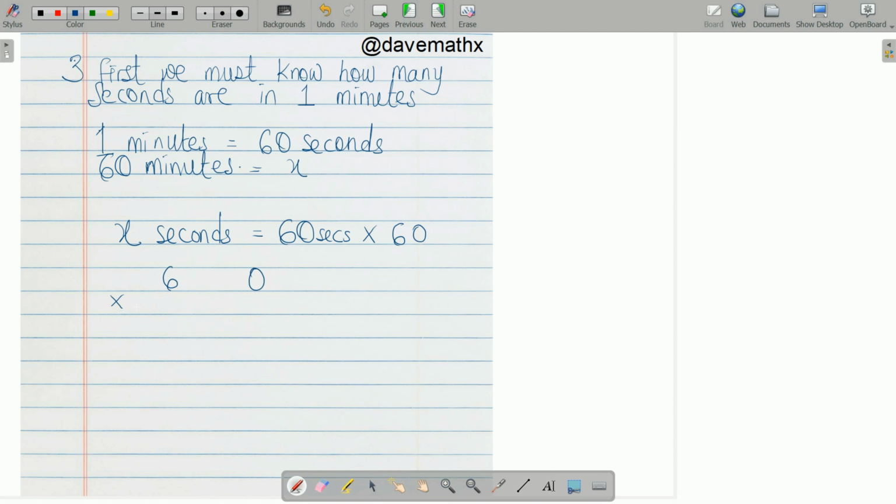So we multiply 60 by 60. First we start with 0 times 0, which is 0, then we do 0 times 6, which is also 0.